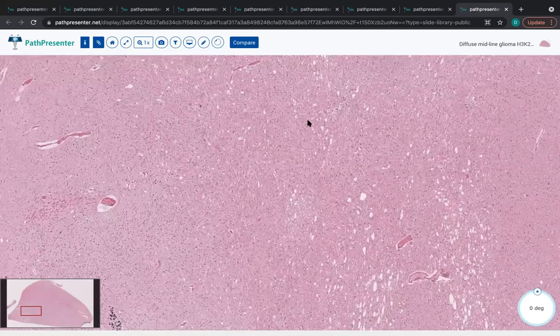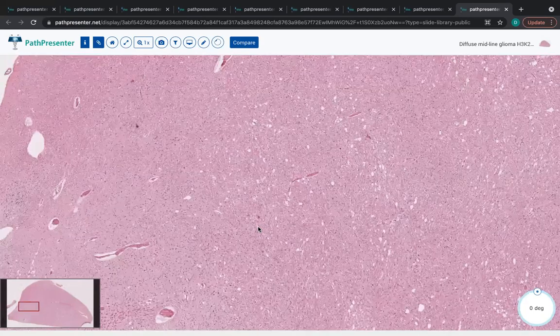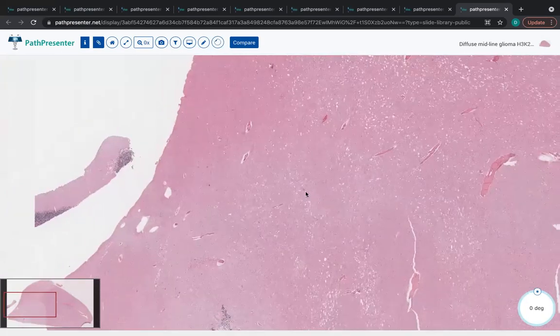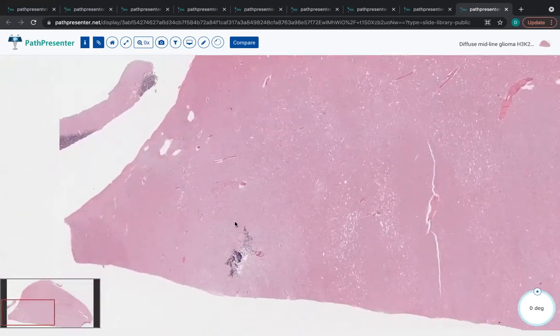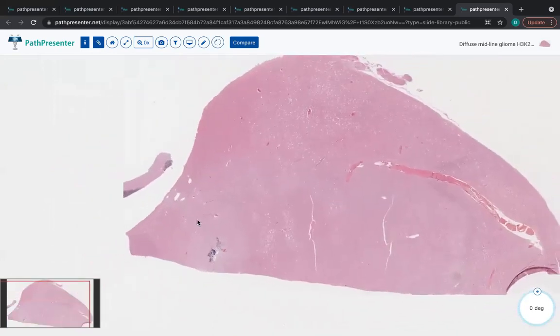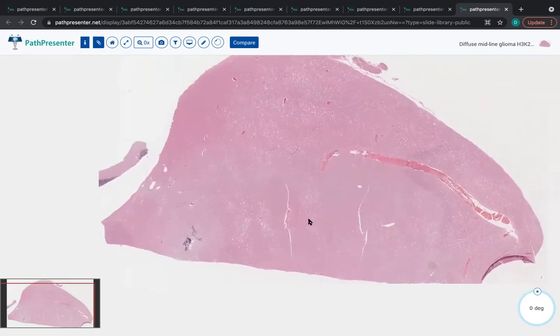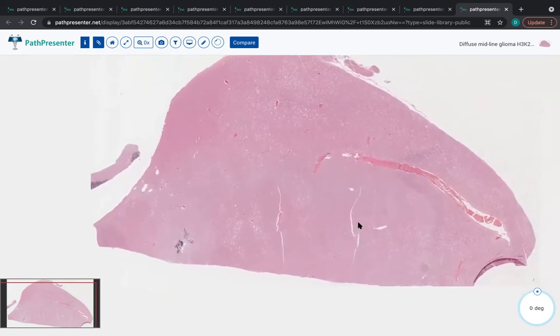This has kind of a bimodal distribution of patients who are affected. What I'm showing here is an example of the very youngest age. So we would expect young children 2, 3, 4 years of age with primarily pontine involvement and an otherwise fairly low grade glioma appearance.